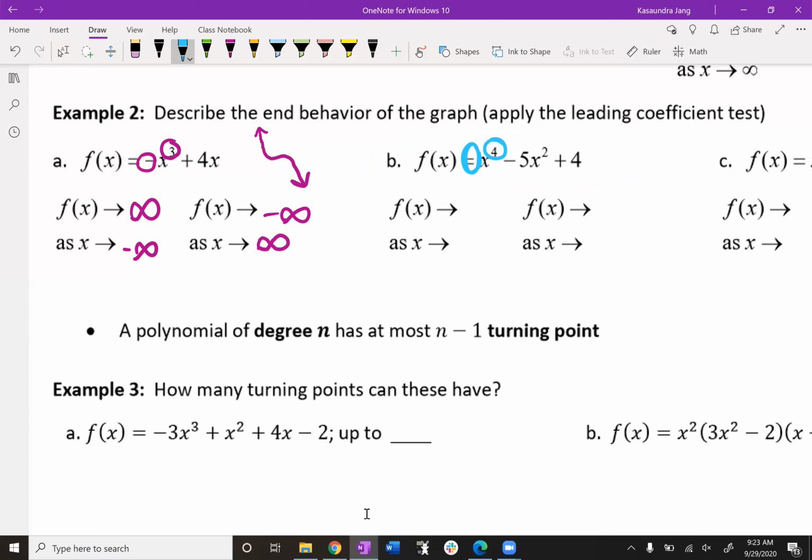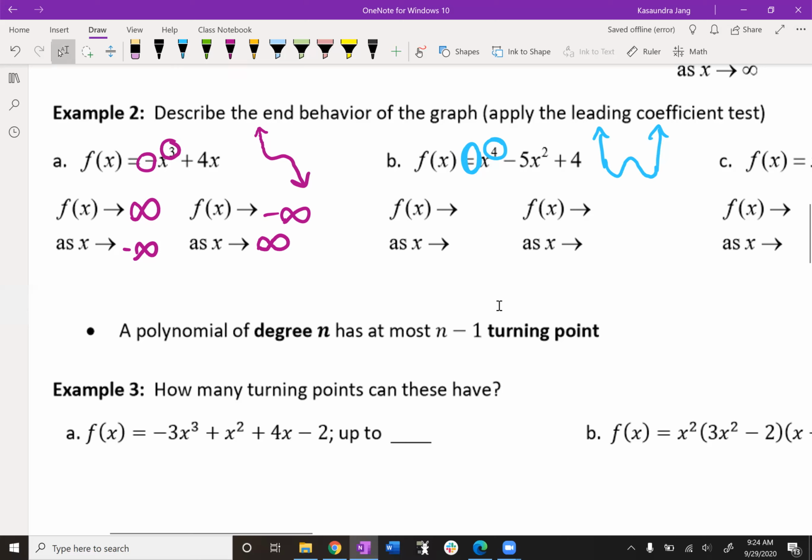Okay, so then that's a positive 1, which means I'm going to have an even exponent. So both sides are going up or both are going down. And I had a positive 1 multiplied in front, so both of the sides are going up. Again, it could be curving a bunch in there, but the point is both sides are going up.